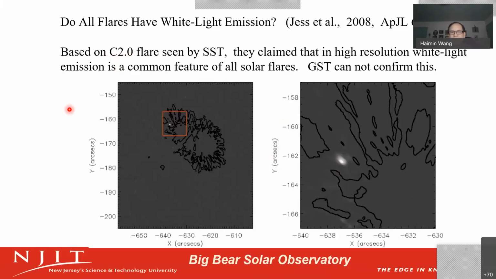But up to now, after observing dozens of flares at Big Bear, probably all above C2.0, we cannot confirm this. We found that it's still very hard to observe white light flares, even with the resolution of the GST, which is higher than the resolution of the Swedish telescope.